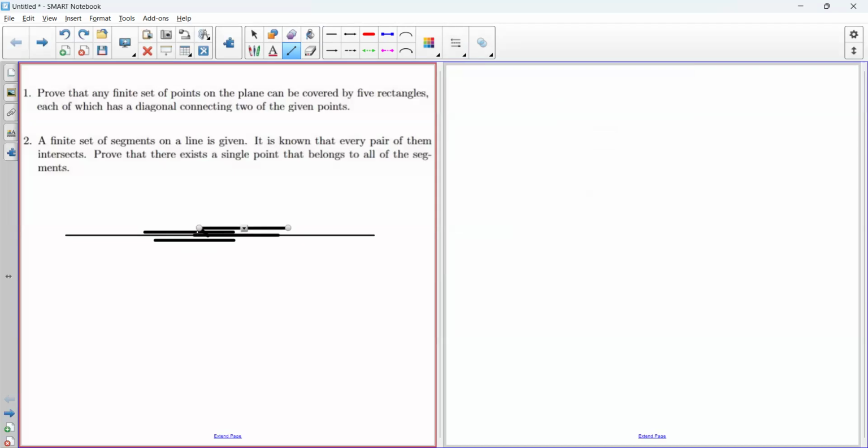And this problem is quite good for illustrating one quite important principle, which is used for proving many combinatorial geometrical problems.